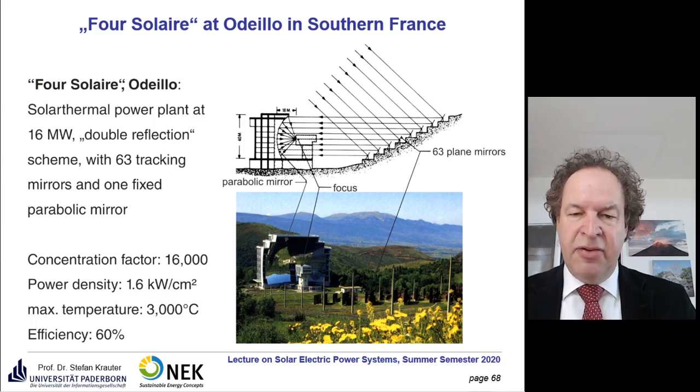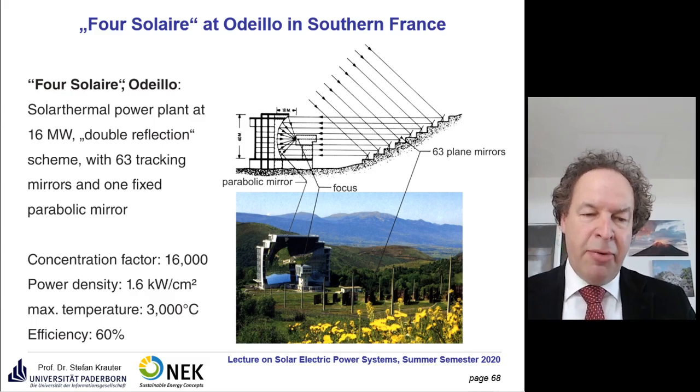In front of that building, there are 63 plane mirrors, which direct the changing sunlight. They are always tracked to the sunlight, and they direct it in such a way that the sun rays go in parallel to this big parabolic mirror. And then you have a concentration ratio of 16,000.